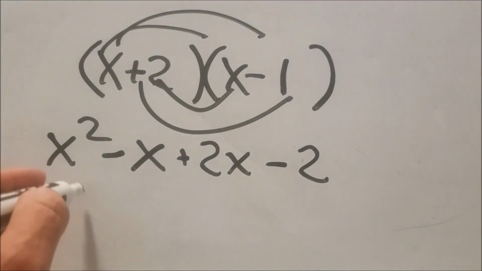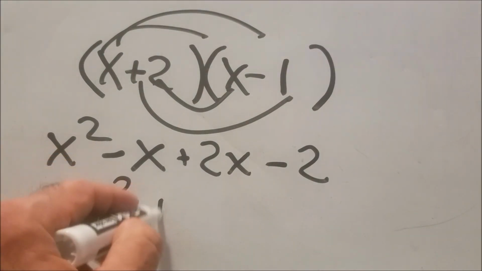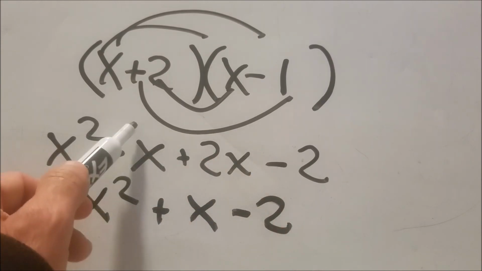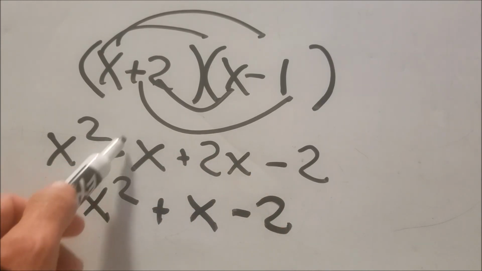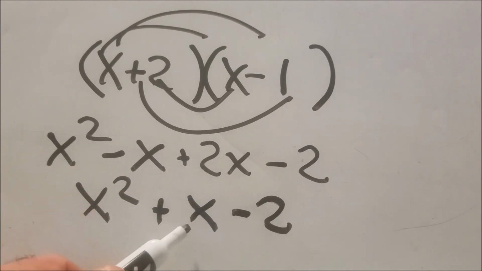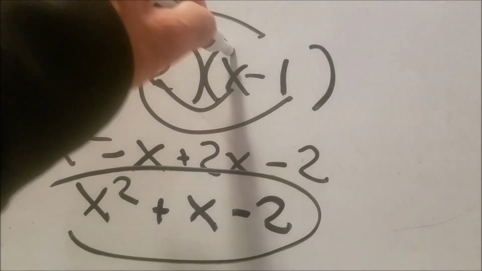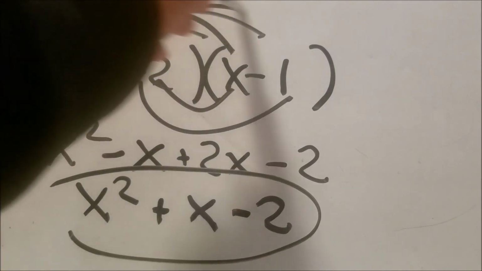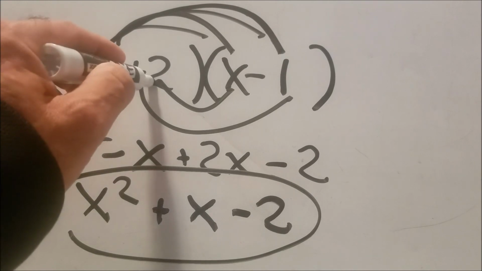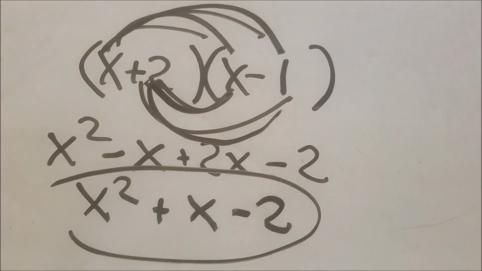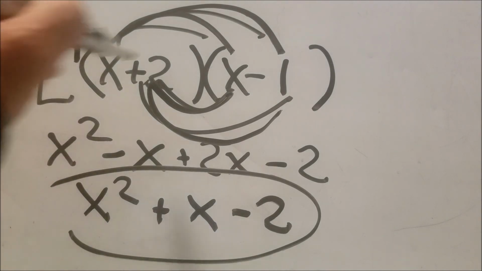We can combine like terms here. X squared plus x minus 2. Remember, there's a 1 there. If you want to think about it with a 1, a negative 1x plus a 2x would give us just an x, or 1x. So we did the first times the first, the outside times the outside, the inside times the inside, and then the last term times the last term. Kind of looks like a fish sometimes when you make it.